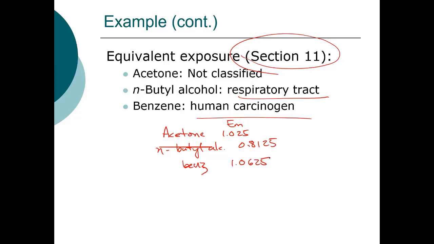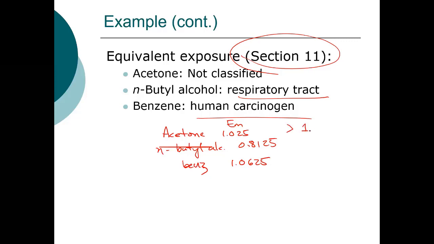Because the target organs are different, we won't add them together. If they all did have the same target organ, then we would sum them and evaluate it. Is that value greater than or less than 1? In this case, this is greater than 1.